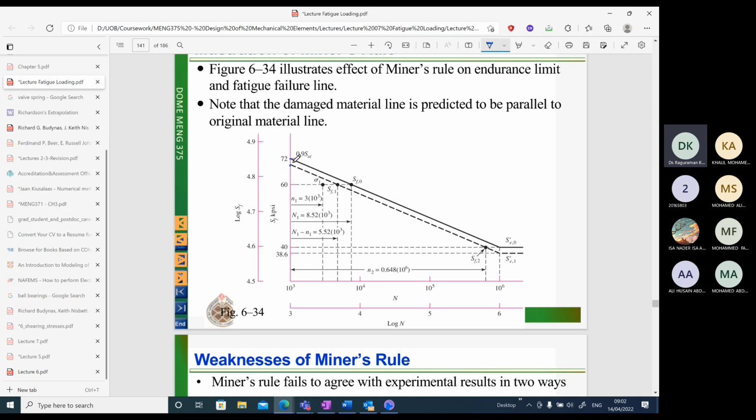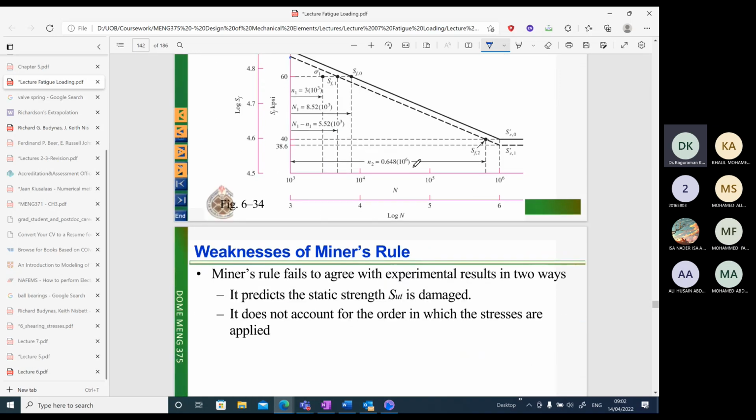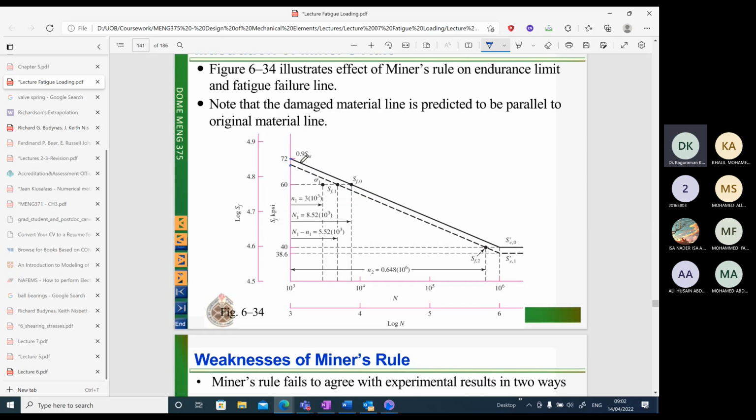But in experiments, it's found that such a prediction is wrong. So again, Miner's rule wrongly predicts the static strength SUT here.